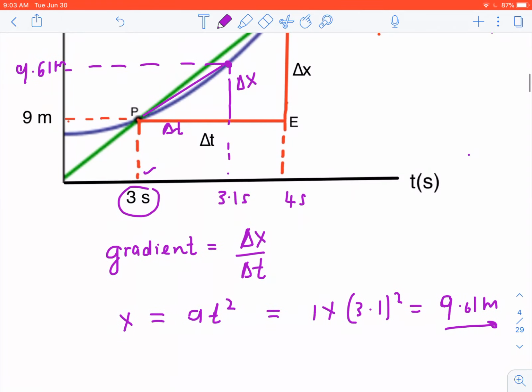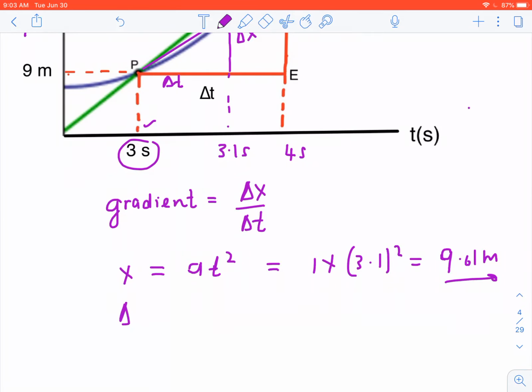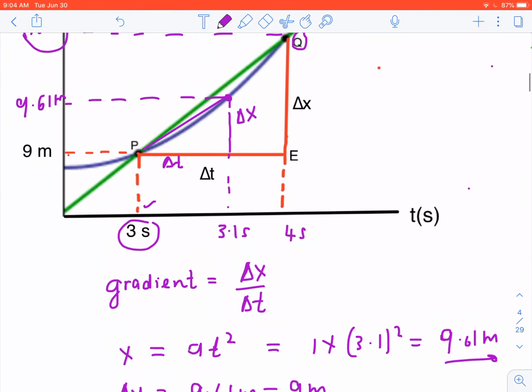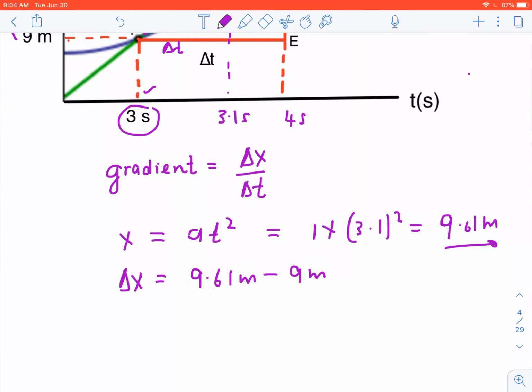So we want our change in x. Our change in x is going to be 9.61 meters minus 9 meters, which I have here, and that is equal to 0.61 meters. What is our change in time?